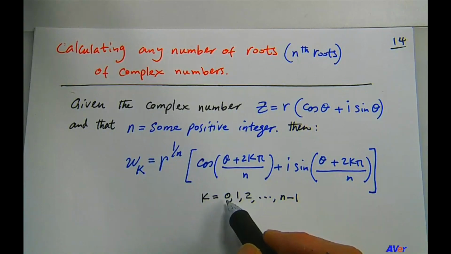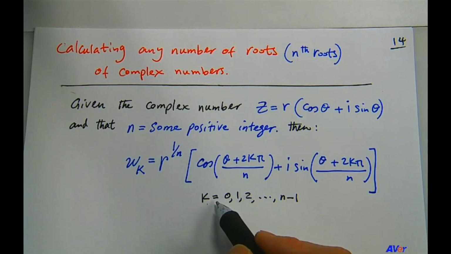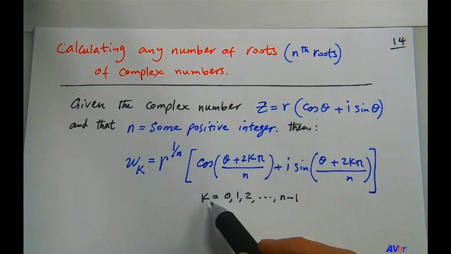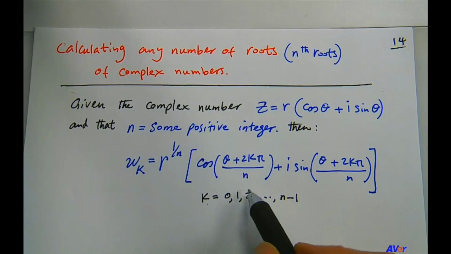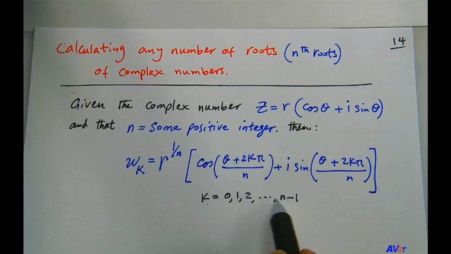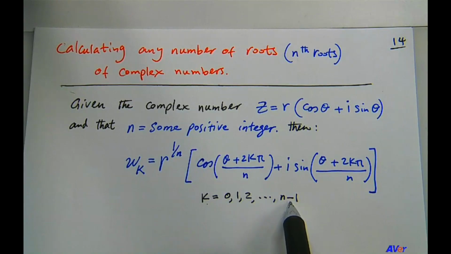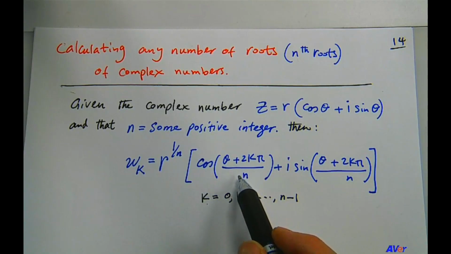So with k being 0, 1, 2, 3, 4, that's 5 roots, right? That's calculating this formula 5 times, beginning with k at 0 and going all the way to 4. So if you're looking for 5 roots, k should be calculated from 0 to n minus 1, because k equals 0 is the first root, so to speak.